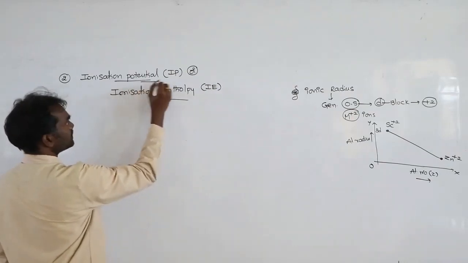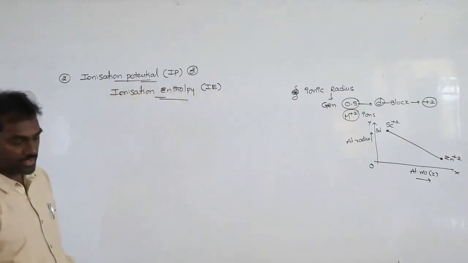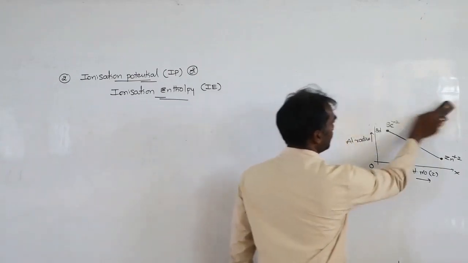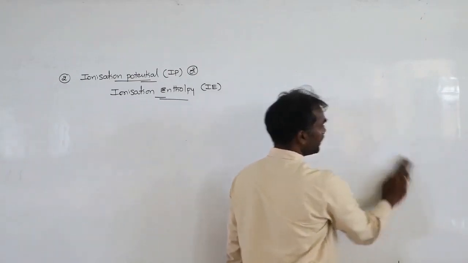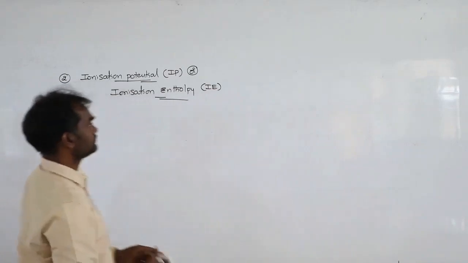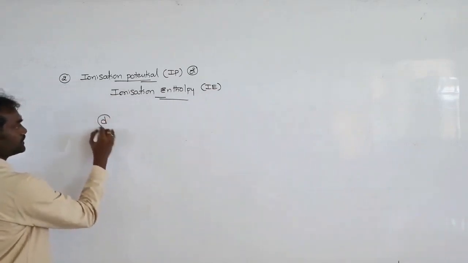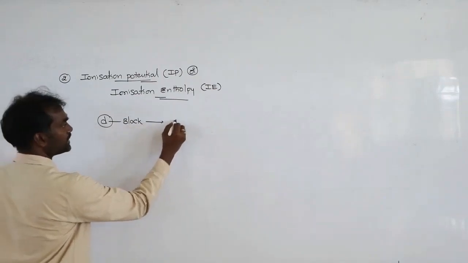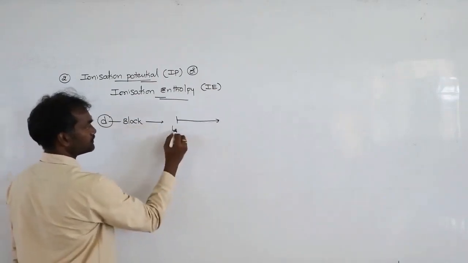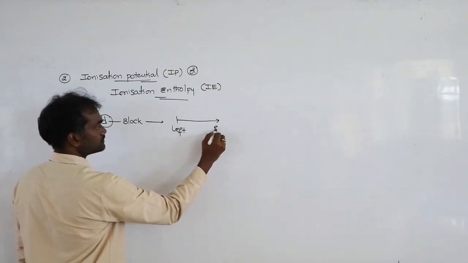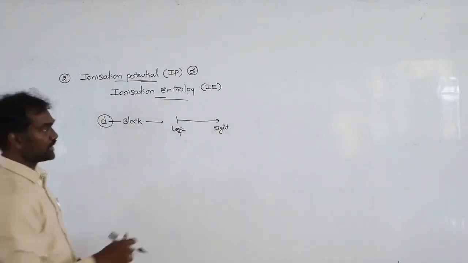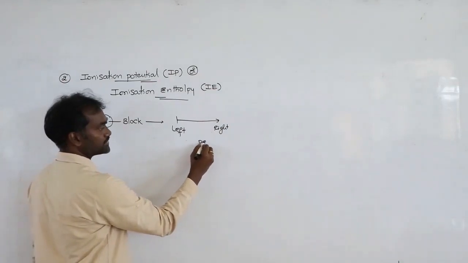So ionization potential or ionization enthalpy. Our general concept is left to right, as we study d block elements left to right in the form of periods.